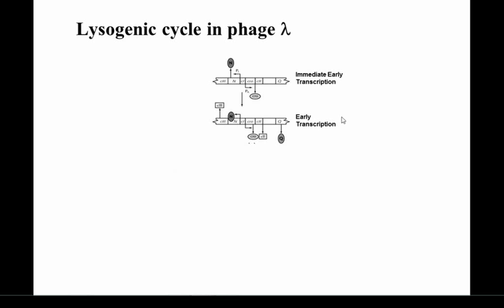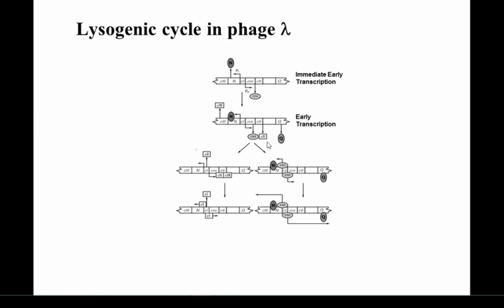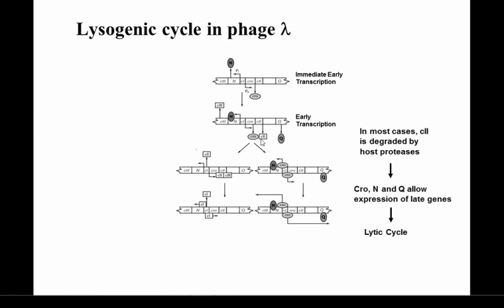The earliest genes that are transcribed after phage lambda infection are N and CRO, and then Q and C2. And it's these two that play an important role in deciding whether the phage is going to become lytic or lysogenic. In most cases, C2 is going to be degraded.